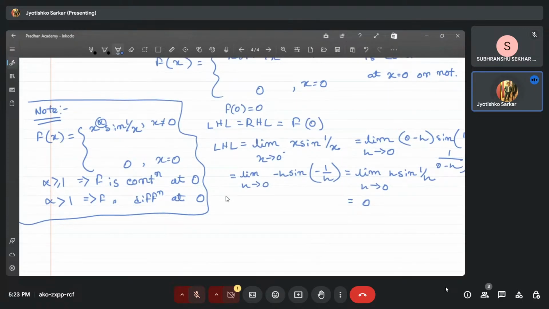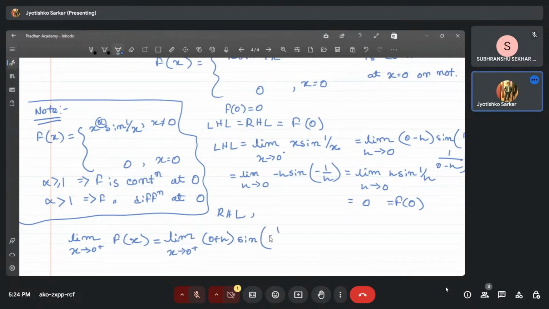now we just have to compute the right hand limit. This is equals to f0. Now we are only concerned with right hand limit. So for right hand limit, that is h tends to 0.